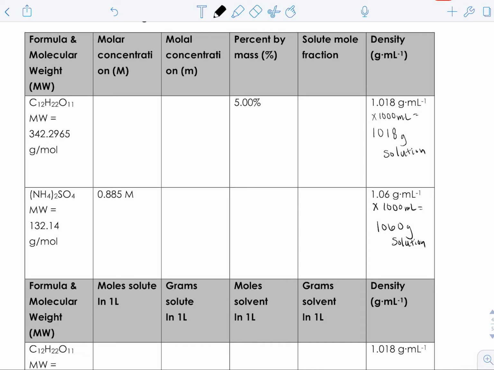Okay, and then once we have our massive solution, we're going to start and manipulate our concentrations. So here we have 5%. 5% of our solution is going to be solute by mass, and then the other 95% of our solution mass will be our solvent.